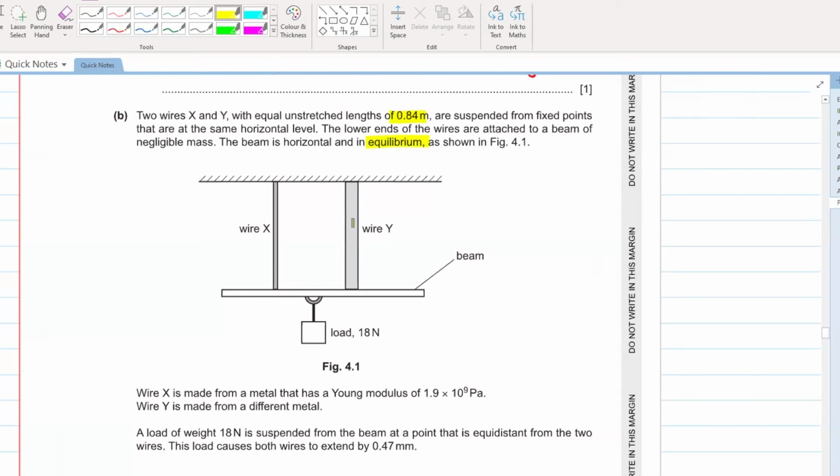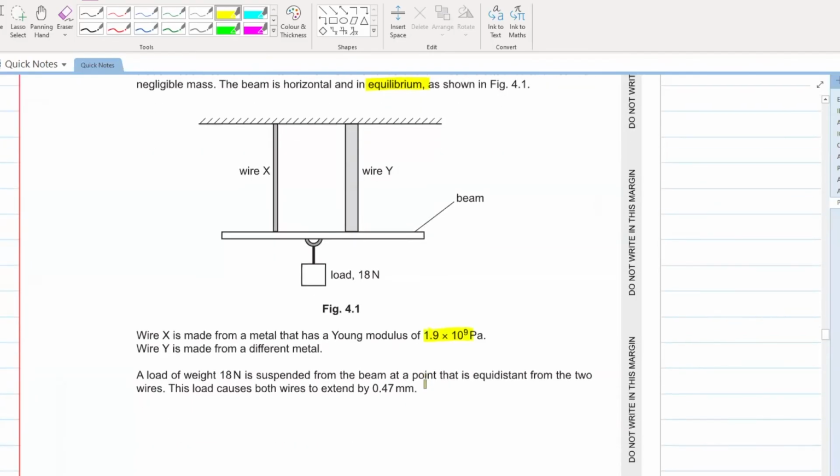Wire X has a metal with a Young's modulus of 1.9 into 10 raised to the power of 9. Wire Y is made from a different metal. This means that it will have a different Young's modulus. Simple as that. Let's further move ahead.